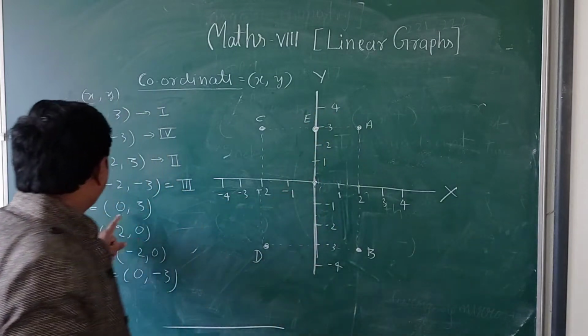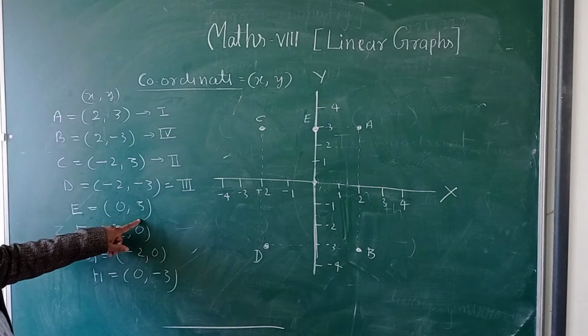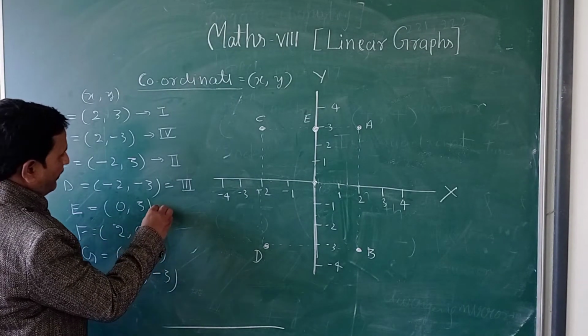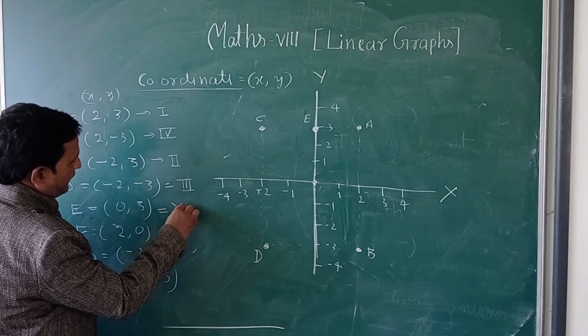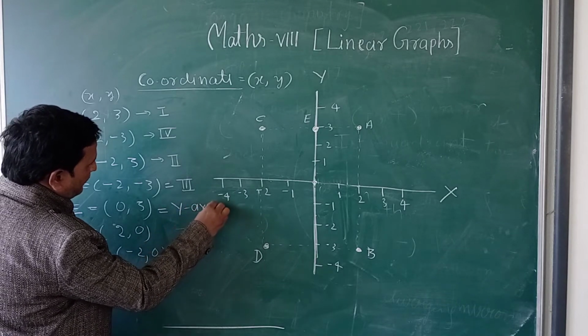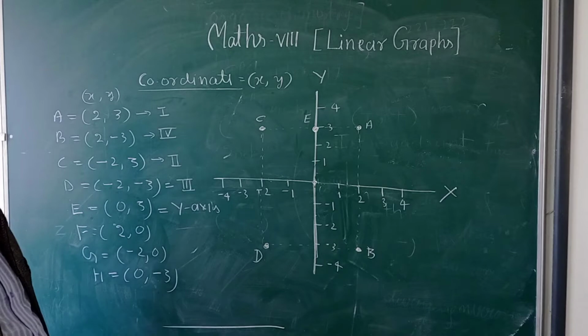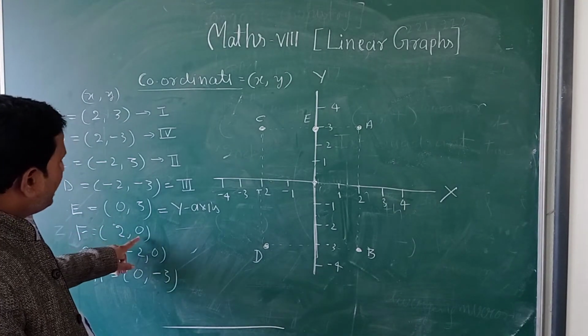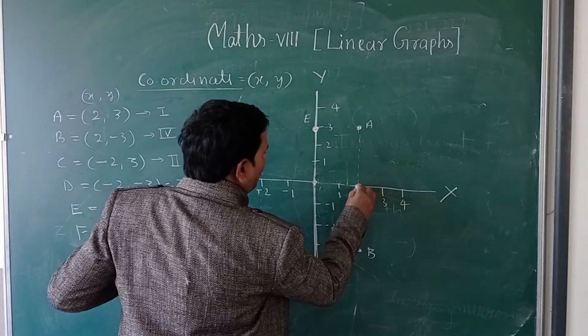In which quadrant does point E lie? Point E lies on the y-axis. F is (2, 0): x value 2, y value 0.